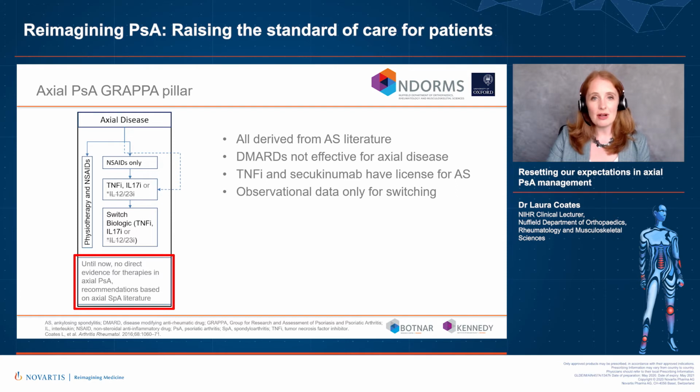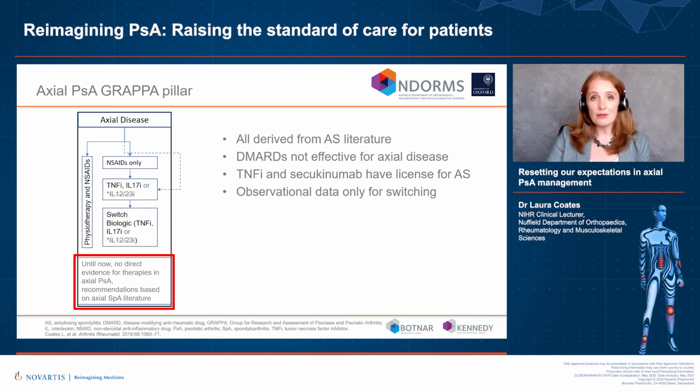It's shown that DMARDs are not effective for axial disease, which I think is now well recognized, that we have good data for TNF inhibitors and for IL-17 inhibitors in the form of secukinumab, but some other drugs have been found to be ineffective.